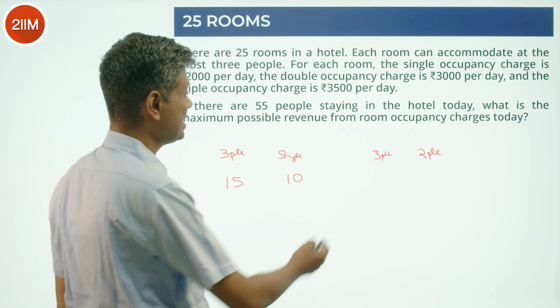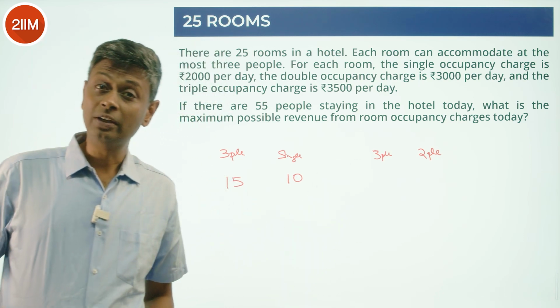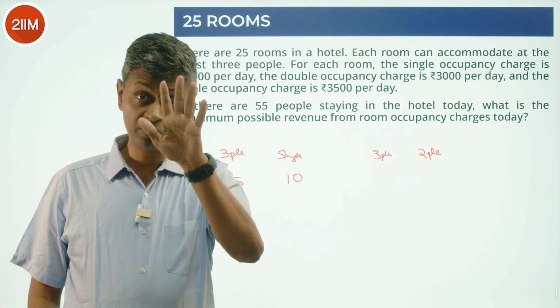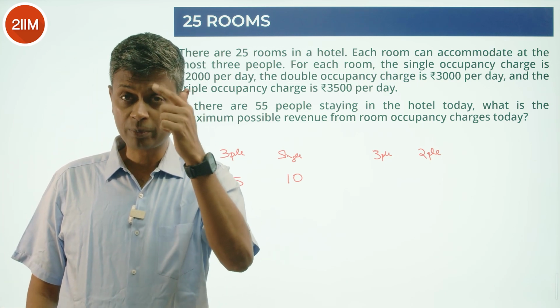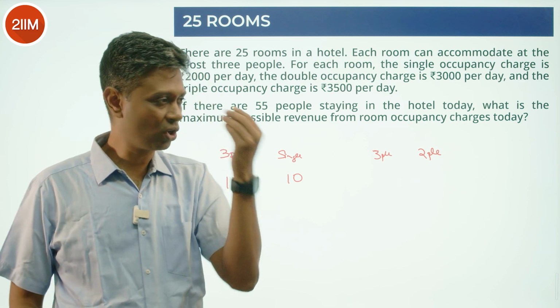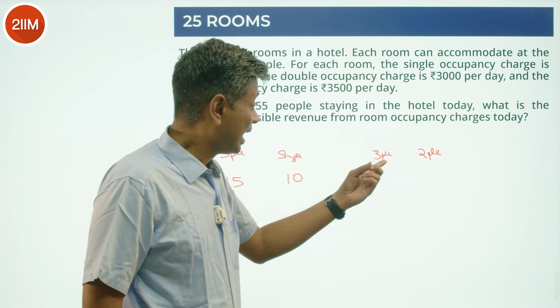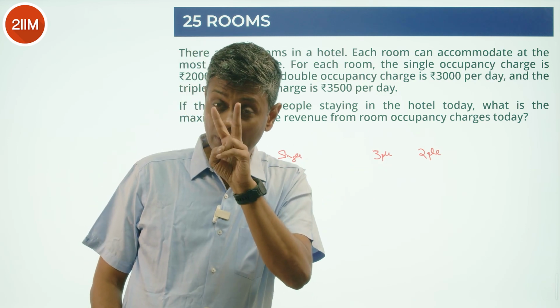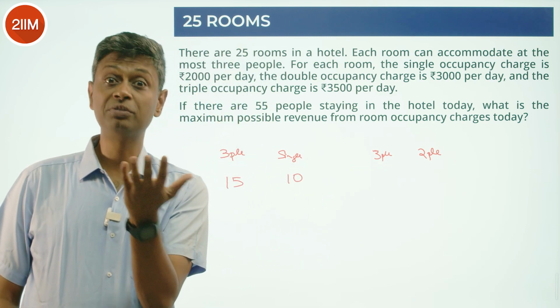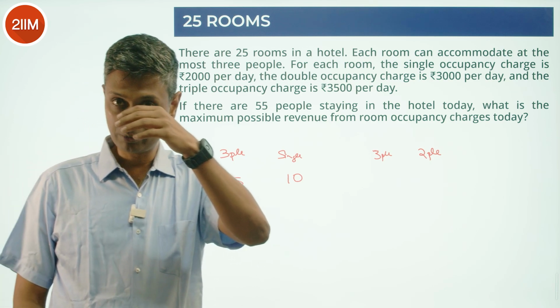Right, so here, if everything were doubly occupied, that would take us to 50 people. Every triple occupancy is 1 extra person. I don't want to solve the equation. I'm just thinking about it: if every room had double occupancy, that means 50 people. We have 55 people, so some had to be triply occupied.